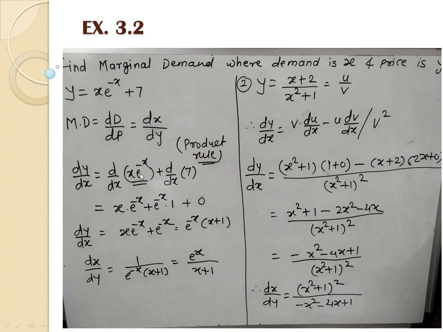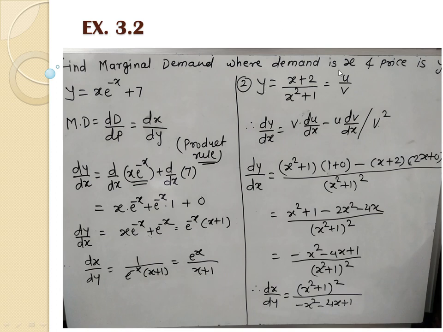Now here is a product of two functions, x into e raised to minus x. So applying product rule we get x into e raised to minus x plus e raised to minus x into 1 plus 0. Taking e raised to minus x common into bracket x plus 1. This is the value of dy by dx, and therefore dx by dy is equal to 1 upon e raised to minus x, x plus 1, which is equal to e raised to x upon x plus 1.